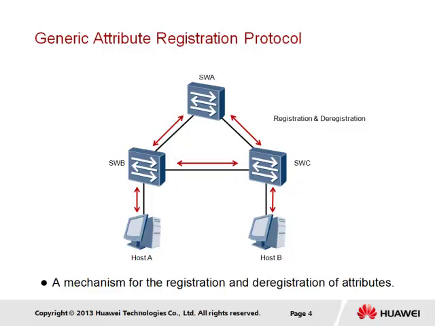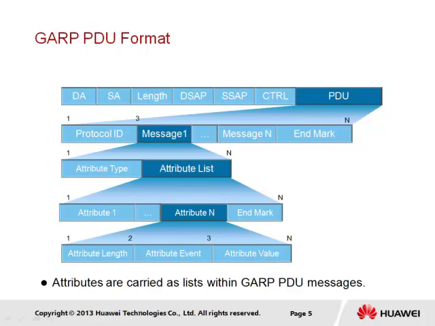The main purpose for this is to reduce the burden generally necessary in sharing such attributes across a number of devices, and so rather than manually configure each device for each attribute, which would be somewhat time-consuming, the devices can be configured to automatically support the registration of attributes, thereby saving the need to manually apply the attributes to each device. GARP is supported through the transmission of protocol data units, or PDUs, that carry the attribute information between devices.